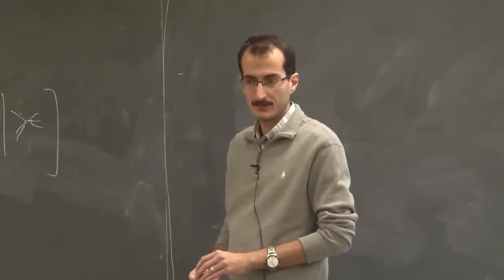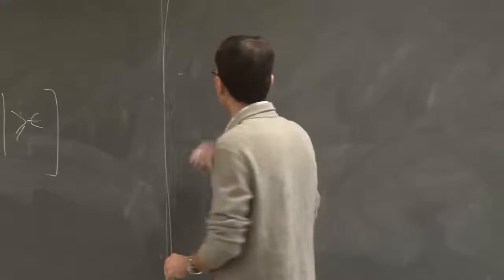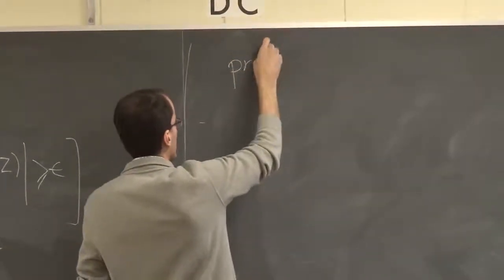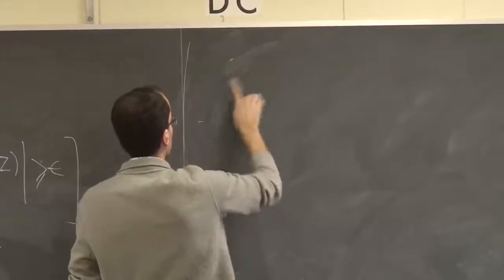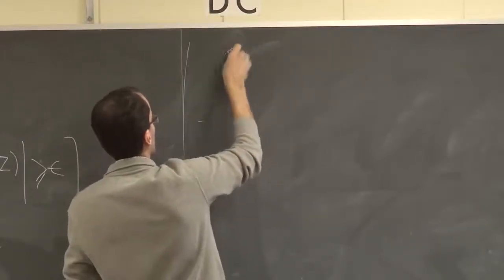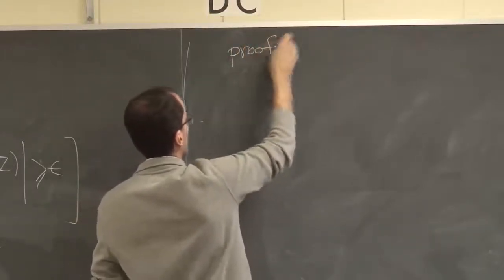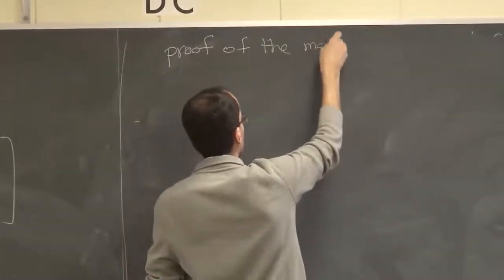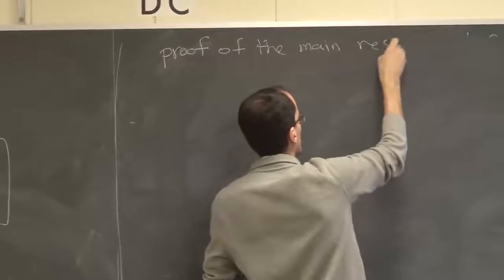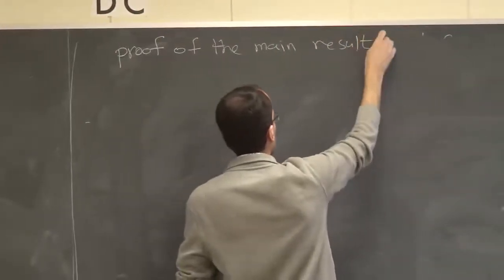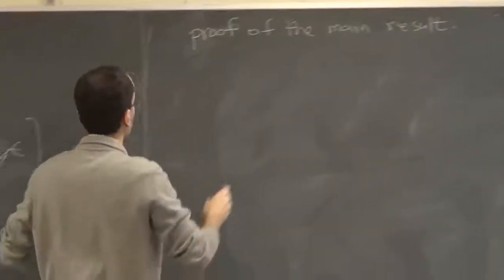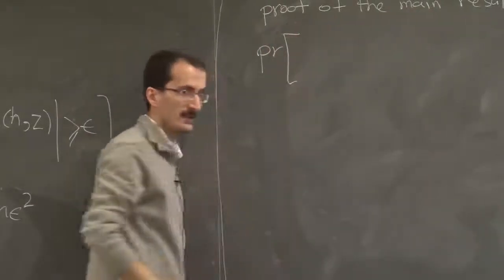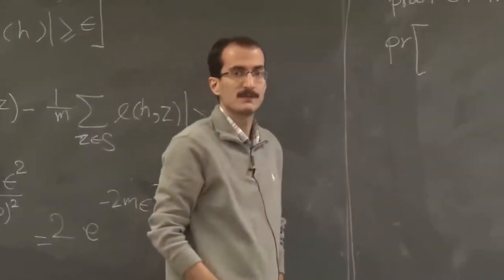So let's write the proof of the main result. The probability of failing is small. We want to bound the probability of failing.